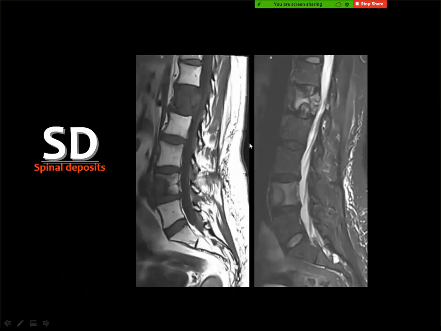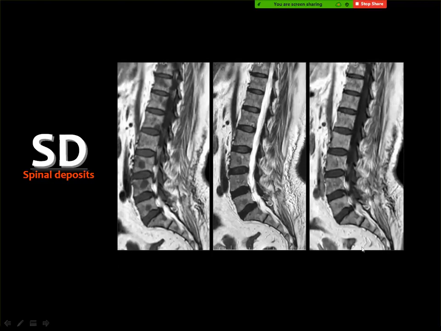And here you see the metastatic deposits are very well appreciated in the T1 weighted image, and they are usually less appreciated in the T2 weighted image because the signal of the lesion and the signal of the fat in the T2 weighted image are almost near to each other. And this is what supports my opinion regarding the contrast material.